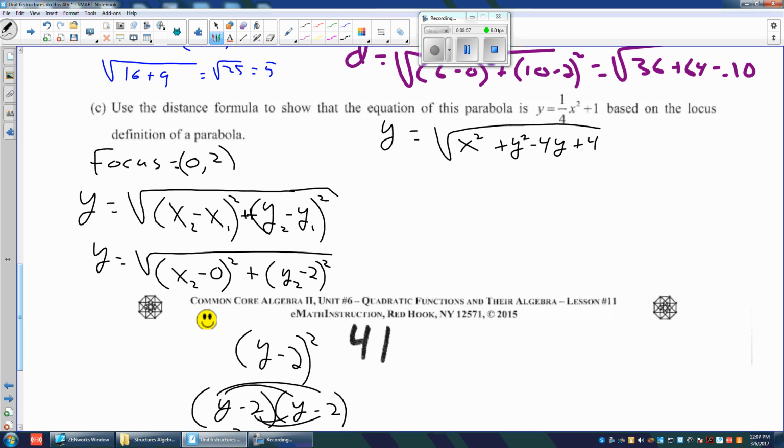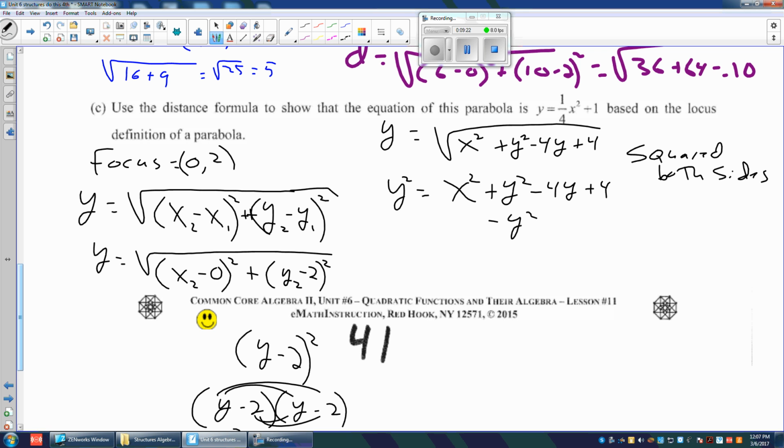I've got to get rid of the square root. Why don't I just square both sides? y squared equals x squared plus y squared minus 4y plus 4. Just still moving stuff around. Why don't I subtract the y squareds? Because remember, my destination doesn't have any y squareds in it. It just has y's.